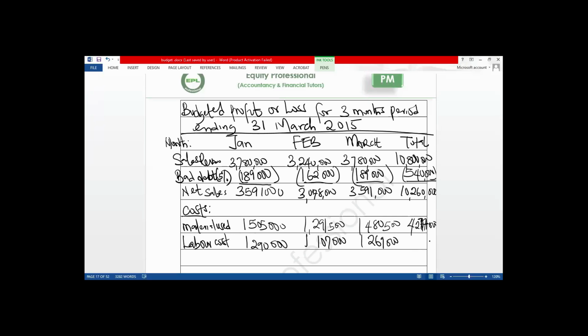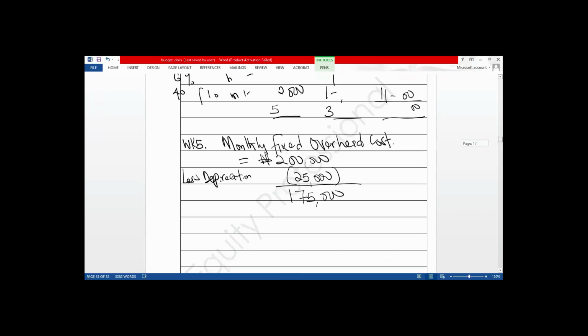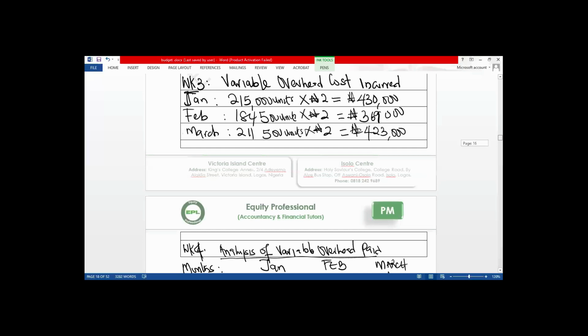When you are done with labor cost, go to your variable overhead cost. Under profit and loss, variable overhead cost incurred in January, February, March, whether we pay for it or not. Go to your working. We have done this working. The first one is 350,000 for January.